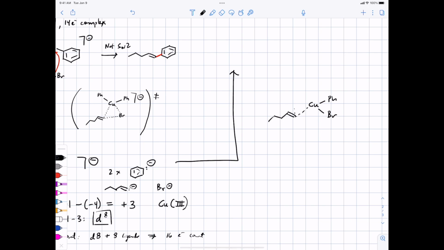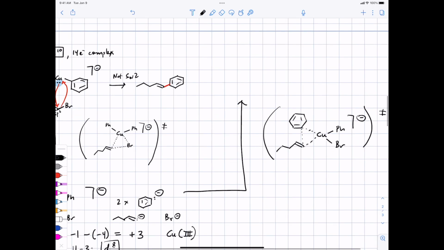At the same time, we're making a new bond between copper and the benzene ring of the phenyl group at the same time as we're breaking the bond between copper and the benzene ring of the phenyl group. Again, this is a transition state. You've got three things happening. This is the new bond that we make. These are the two bonds that we're breaking.